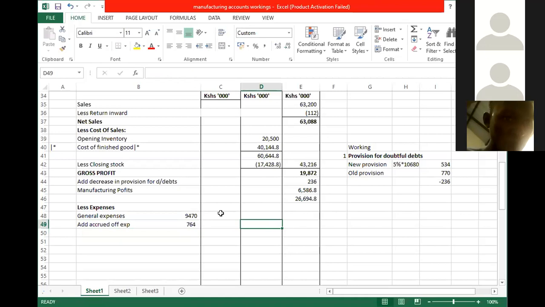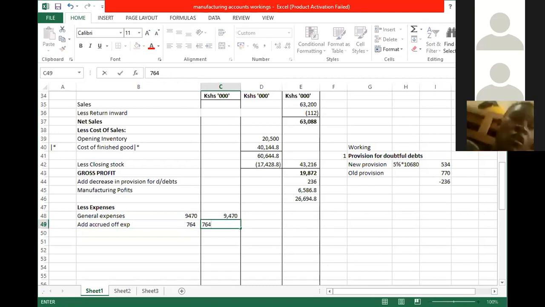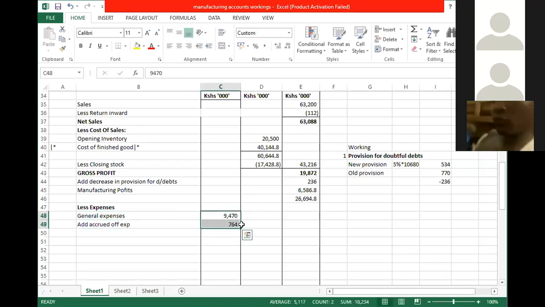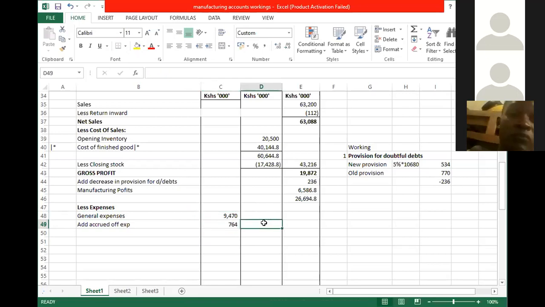This actually should have come here. 9470, 764. It would make our work easier because I would just add it up together to get 10,234. Any other expense that you can see?